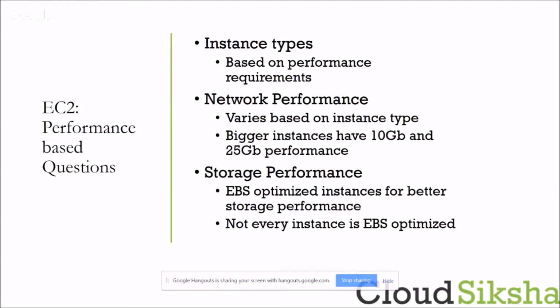You don't need to look only at the disk. So this is something you have to understand, that both networking and storage performance are also based on the instance type. Having a decent understanding of this is going to help you very much in your exam. And when you encounter such questions, you will look at the right answers, not just at networking or storage, but also at the instance types.